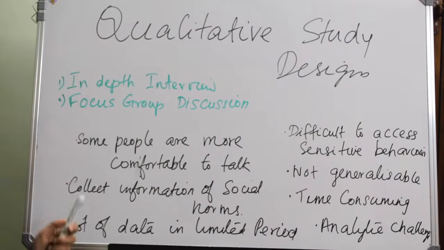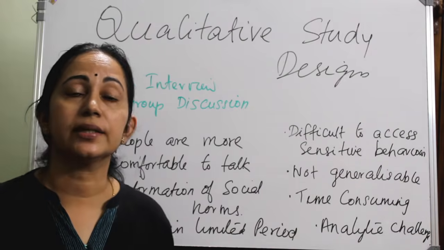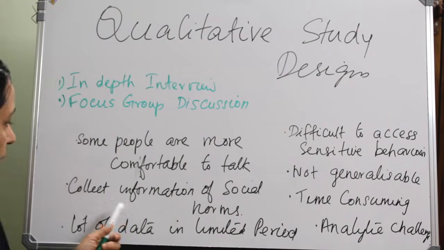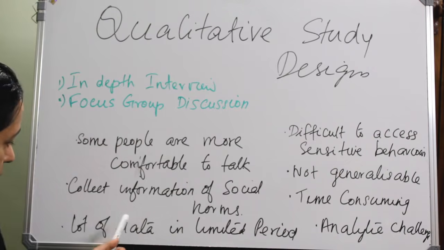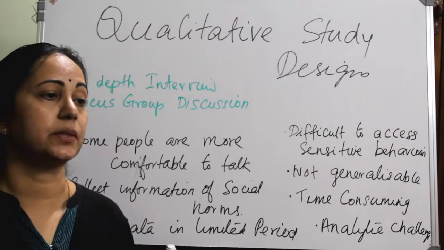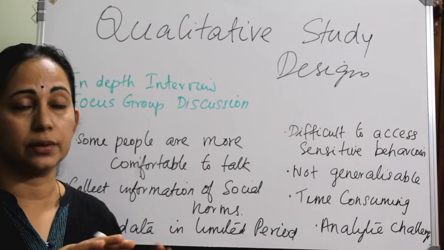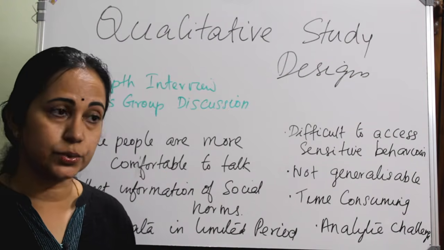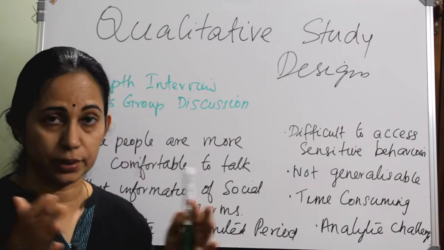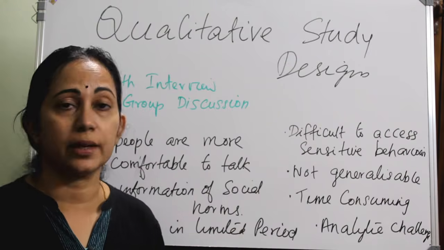And the advantages are that some people are more comfortable to talk or to generate their ideas in a group setting. And also we can get information on social norms, and also a lot of data in a limited period. Everyone in that group of 8 to 10 participants is talking for a limited period, say for 1.5 hours.